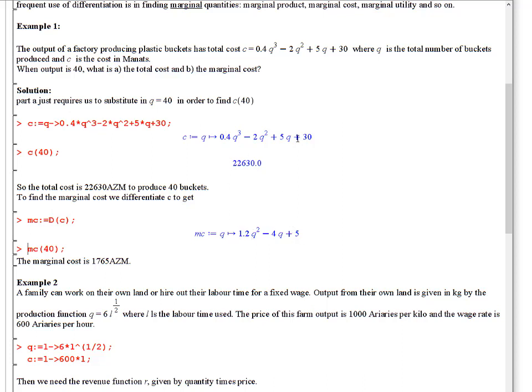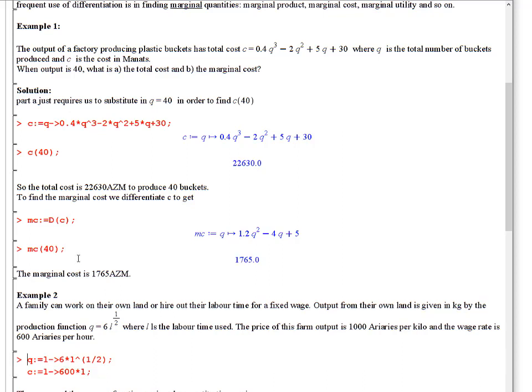Check you can relate this to this, so that gives you this, gives you this, and this disappears, so that's differentiation. Then you substitute into this, Q is equal to 40, and you get 1,765.